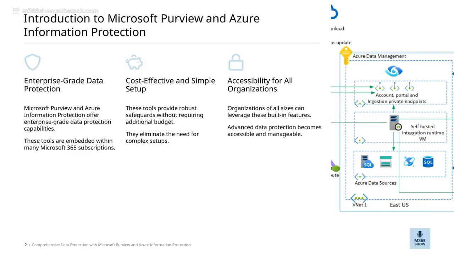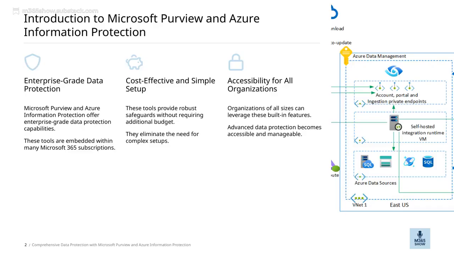One of the biggest benefits is that they don't require a big additional budget. They're cost-effective and eliminate the need for complex, time-consuming setups, making it straightforward for any organization to implement strong safeguards. And it gets better. Microsoft Purview and Azure Information Protection deliver enterprise-grade data protection capabilities.